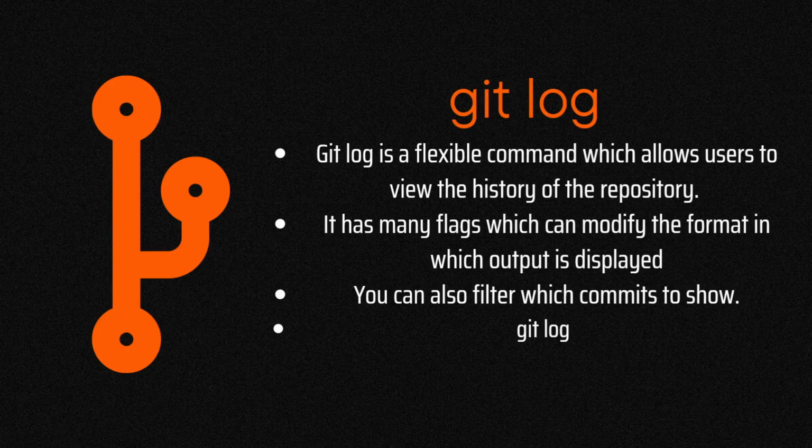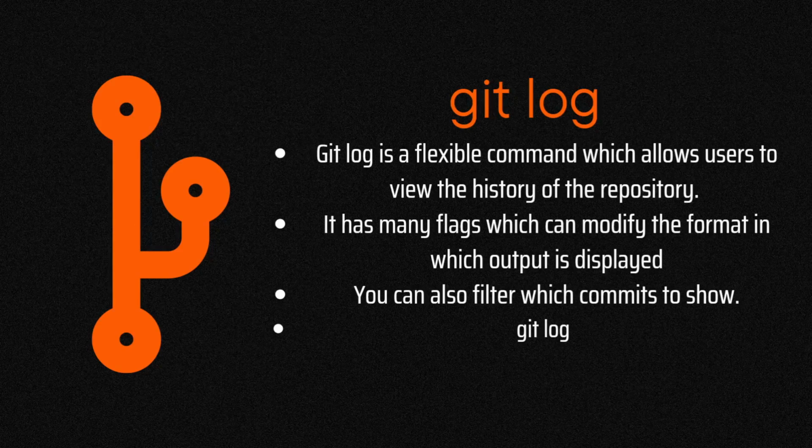Another very useful and common command is git log, which basically lists a series of commits. It shows when you did the commit, who did it, the commit message, and what files the commit has.